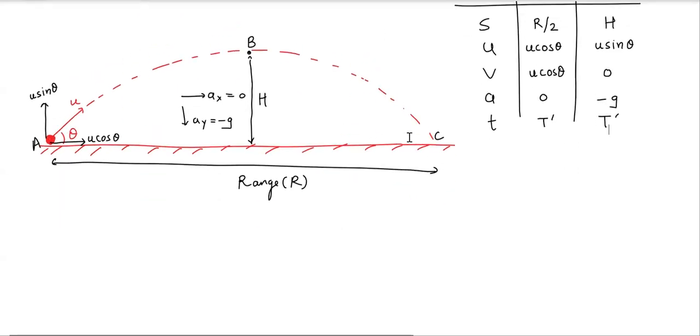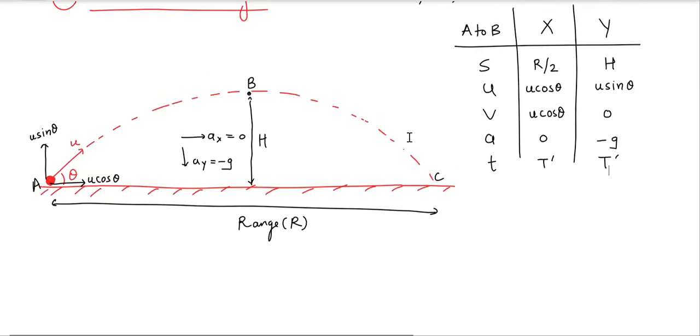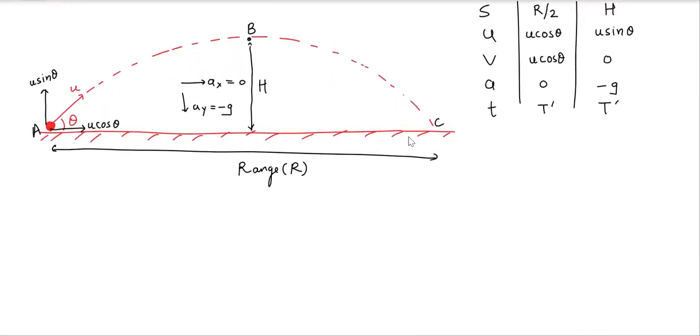Now using these equations, in y direction I know u sin theta and I know g, so I can use an equation in y direction. I use v is equal to u plus at.